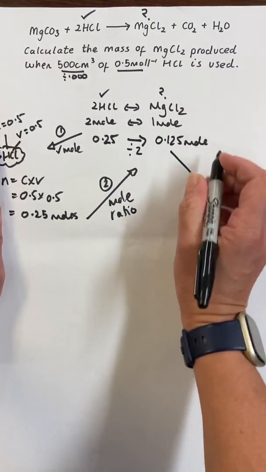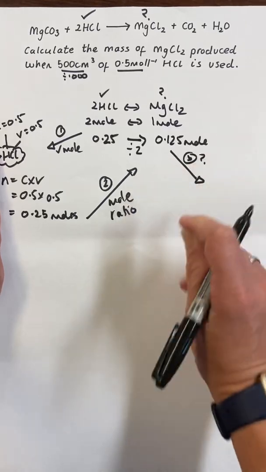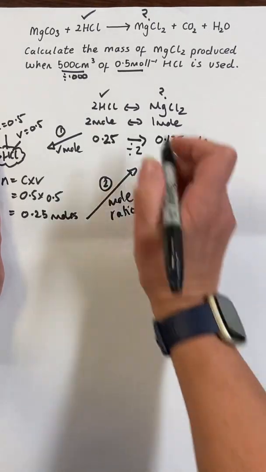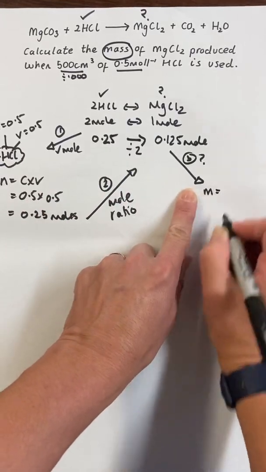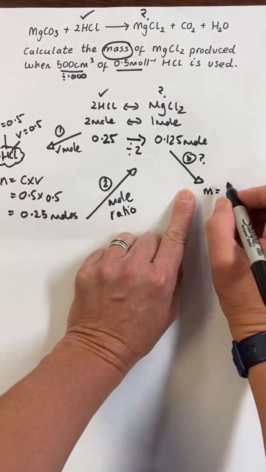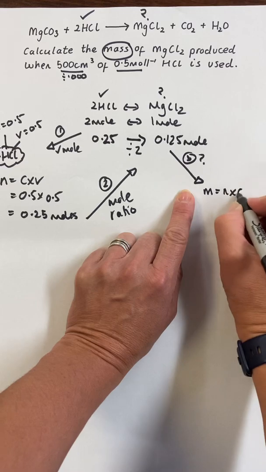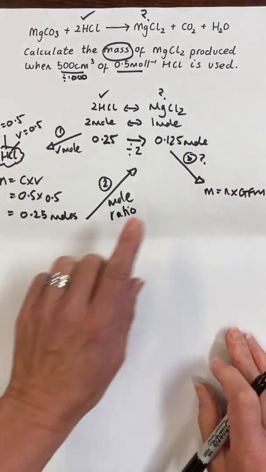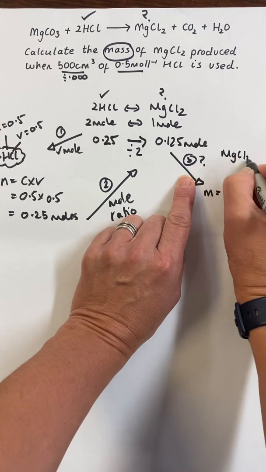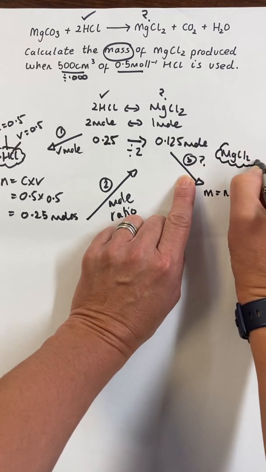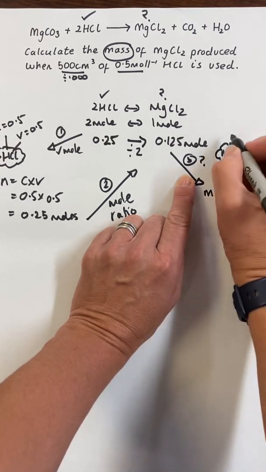Step number 3 is my question mark. What am I being asked to calculate? Back to the question, I've been asked to calculate the mass of MgCl2, which again, back to my n times GFM triangle. Then I have to take my formula for MgCl2, put it in my bubble and work out my GFM.